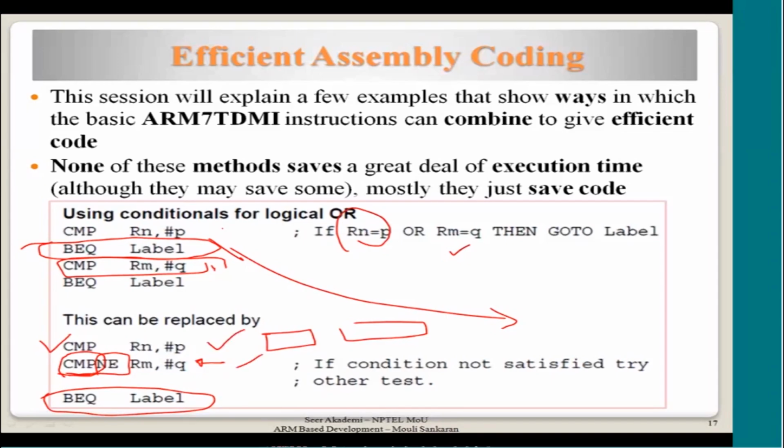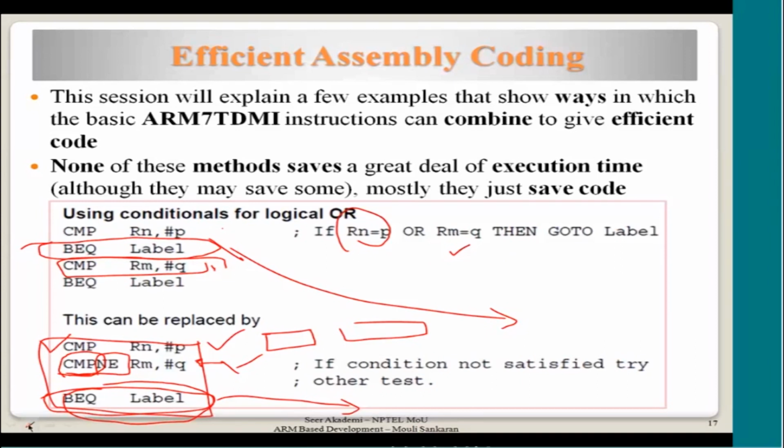Otherwise it executes this instruction and then jumps to label. So in this case you may not see the benefit so much in terms of execution time, but you can see in code size it is saved. But actually you can save it in a different way. Suppose if you don't put the label here and then put the actual content itself here, one branch instruction itself can be avoided, okay.